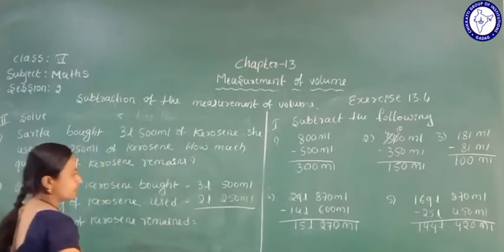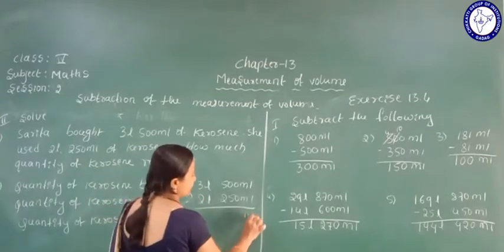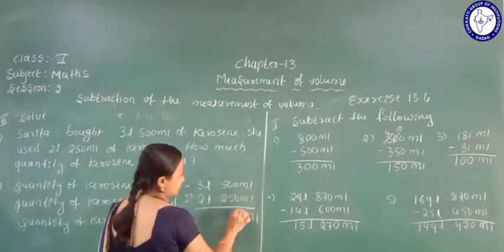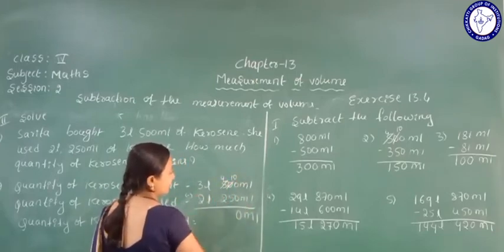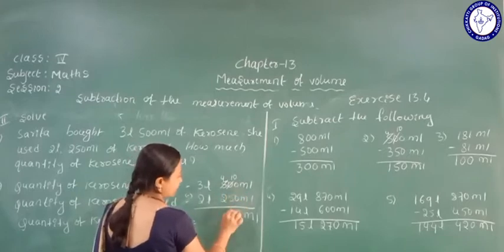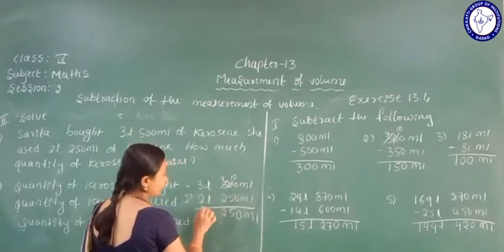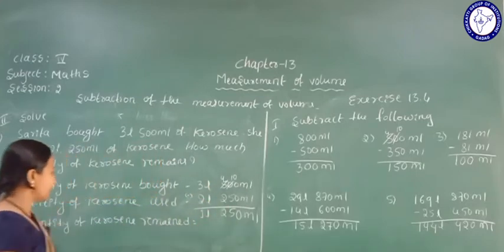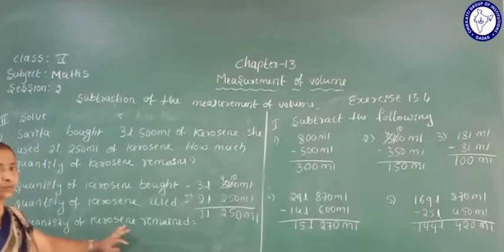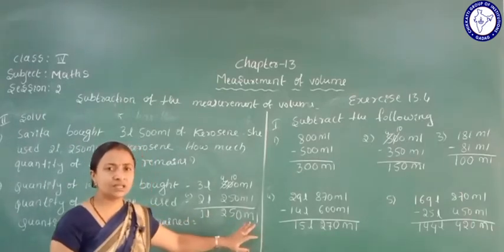Okay, we'll see here. What will we do now? We will subtract. 0 minus 0, 0. Here we will take 10, here 4 will be there. So 10 minus 5 is 5. 4 minus 2 is 2. 3 minus 2 is 1. So the quantity of kerosene remaining is 1 liter 250 ml.